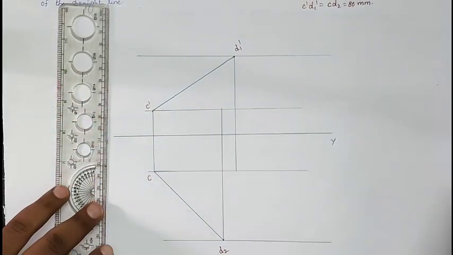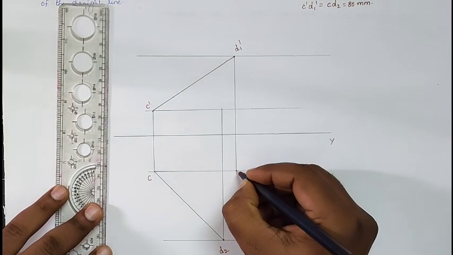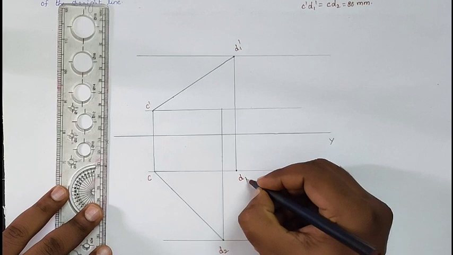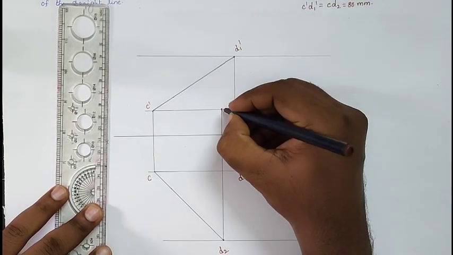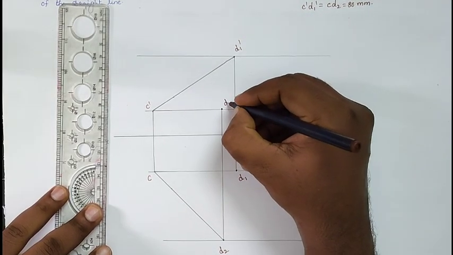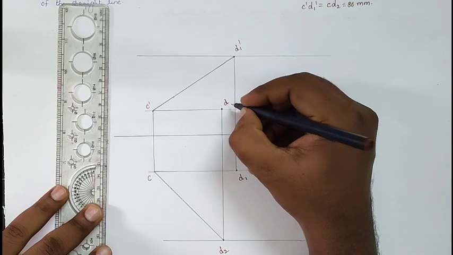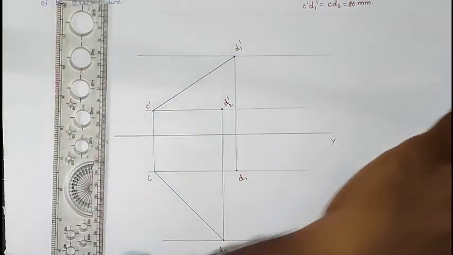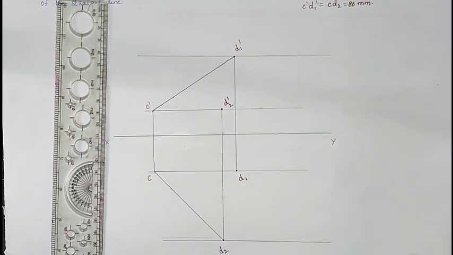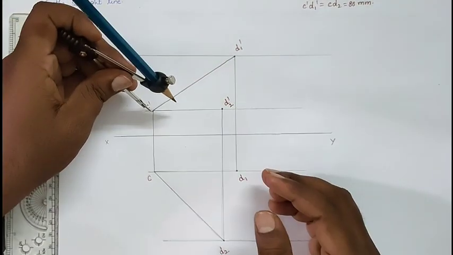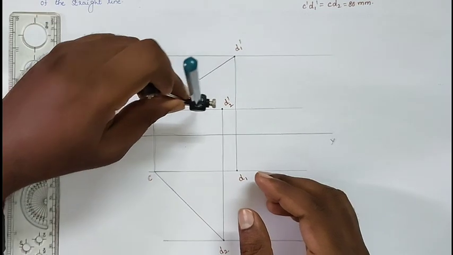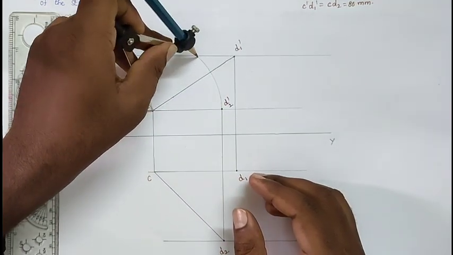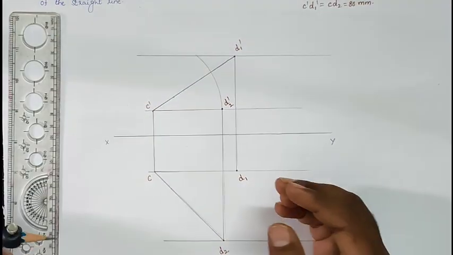So here you will get the two intersecting points. D1 dash will intersect the C horizontal line at point D1. The D2 vertical line will intersect the C dash horizontal line at D2 dash. Now by using your rounder, take C dash as center, C dash D2 dash as the radius, and draw the arc up to the D1 dash horizontal line.